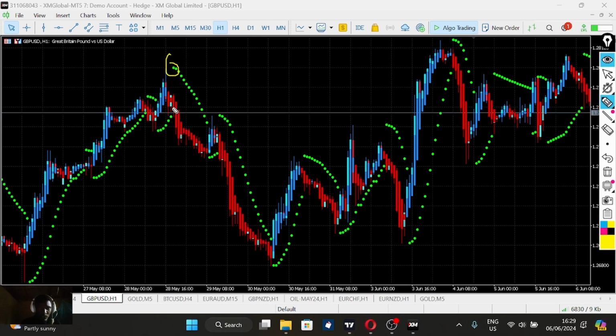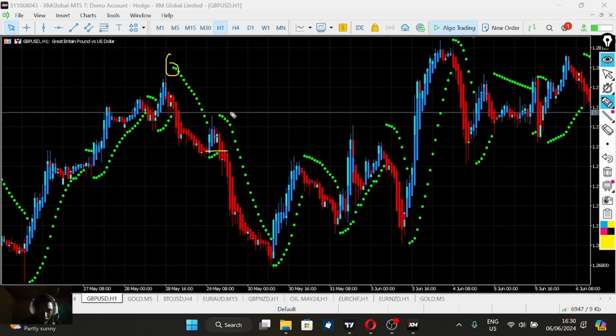Then the candles should be red, but here you should have been exited. See, because there's a parabolic here, and the market and the candles tend to turn to blue.